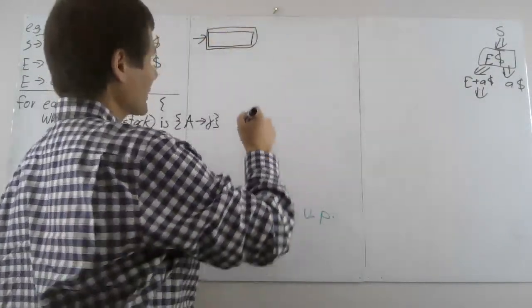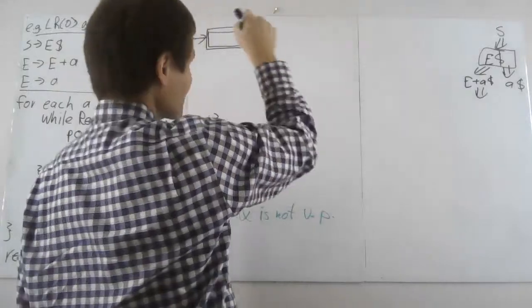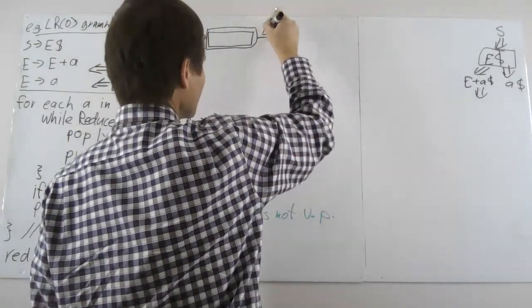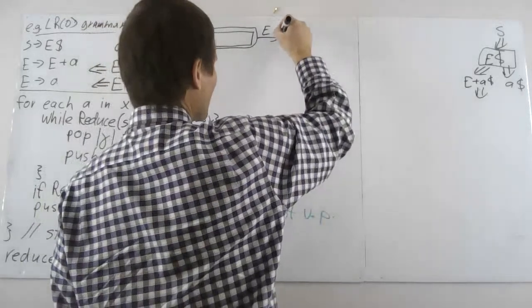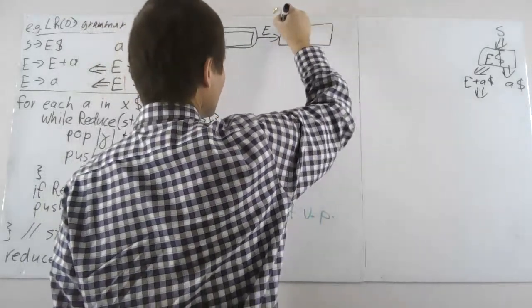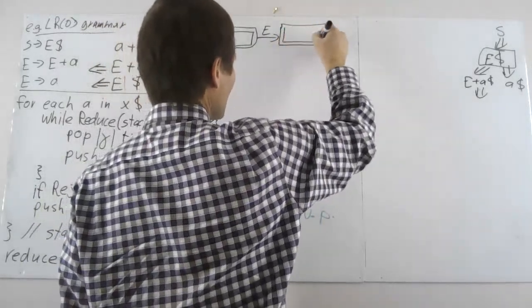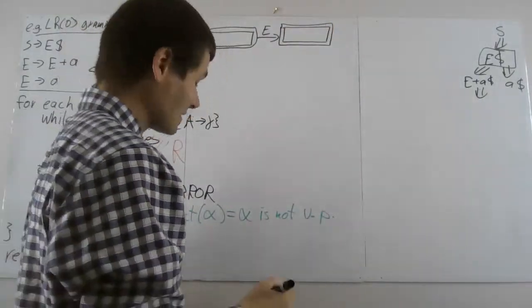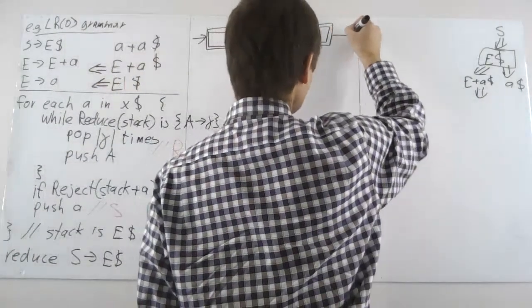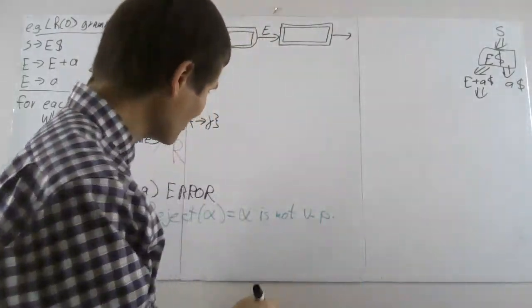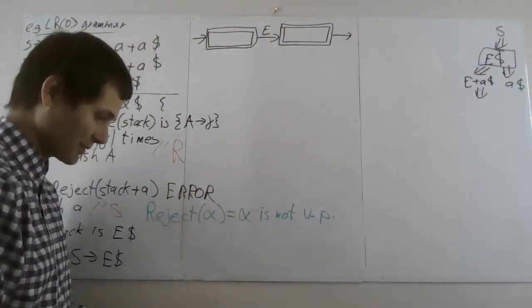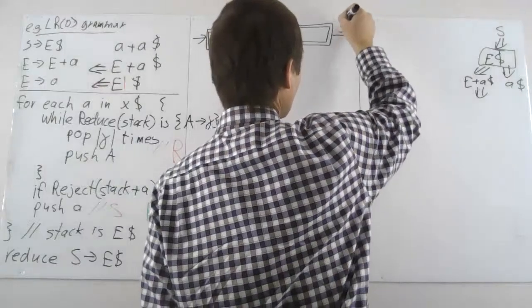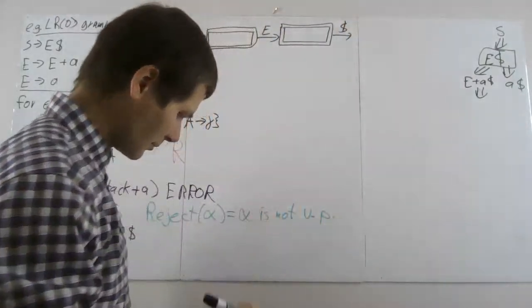So I'm going to have an accepting state as the start state for the empty string, and then I want to accept E. I'm drawing the states in a rectangular way, just because I'm going to be writing things in them, but you could write them as circles if you wanted to. So E I want to accept, and E $ I want to accept.